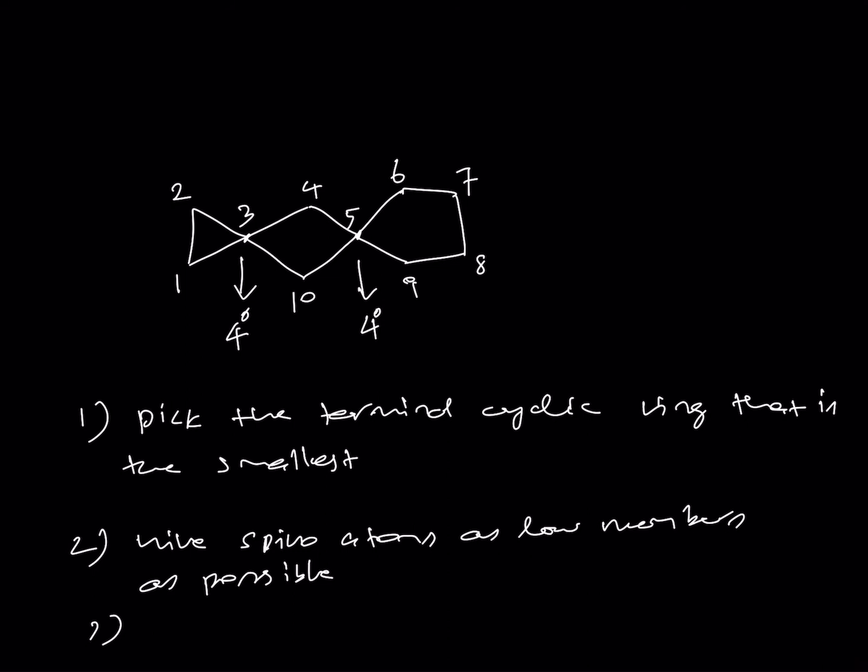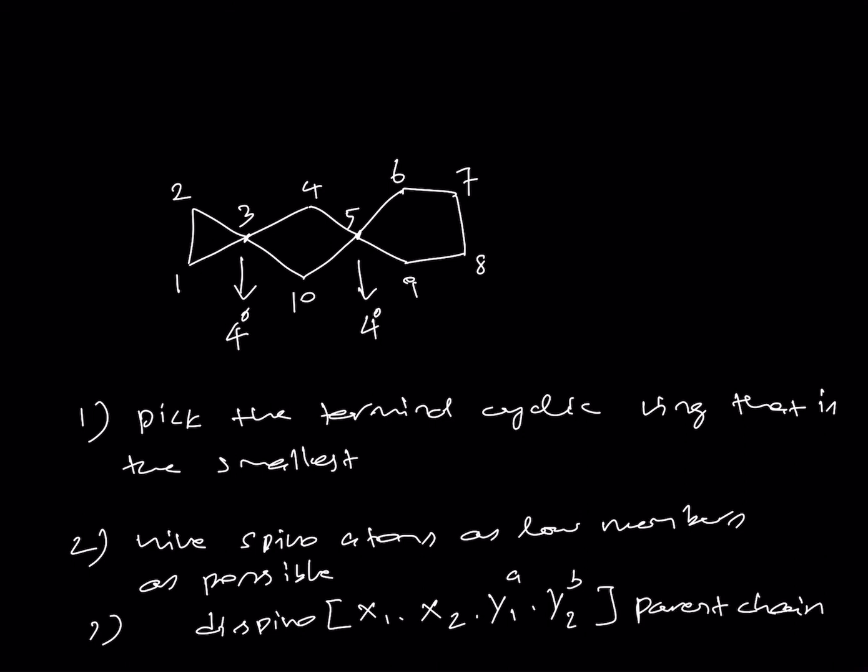So in this case, it is going to be dispiro, and then x1, x2, y1, y2, and then we will have some numbers as superscripts. So the positions of the spiro centers should be written as superscripts, and then the parent chain. So keeping these things in mind, let's work out the IUPAC name for this molecule.